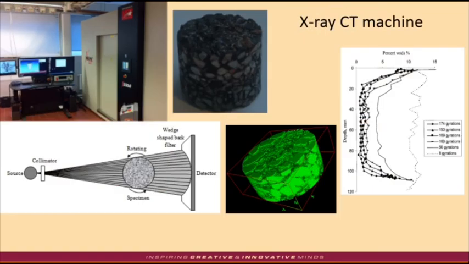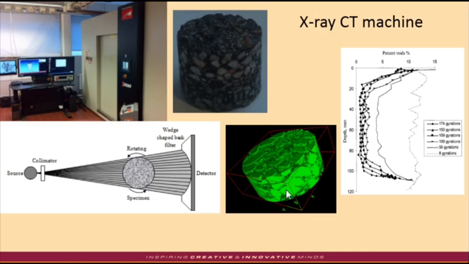This slide shows the X-ray CT machine for scanning the internal structure, just like for our body. Using this machine, we can view the distribution of the internal composition of asphalt mixture. This scanning technique uses the ability of short wavelength electromagnetic radiation called X-rays to penetrate objects, by measuring the X-ray intensity before and after it passes through the object.